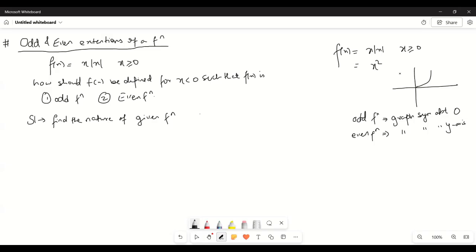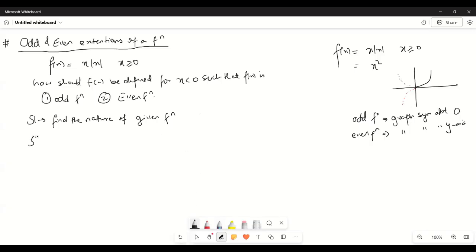Okay. Now the original graph of x square would be something like this on the left-hand side, which will make it an even function. But for an odd function, we want the graph to be something like this. Image about the y is the image about origin.